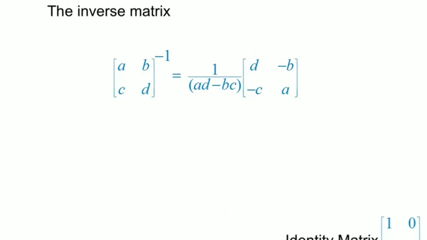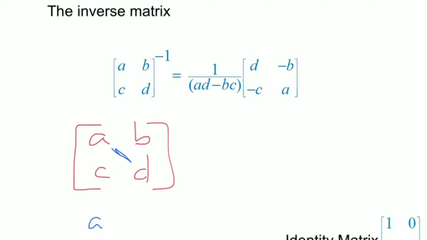So let's just put the identity matrix away for a little bit and have a look at our original matrix, which is A, B, C, D. If I have a look at the diagonals of this particular matrix, across this diagonal I get A, D, and across this diagonal I get the values B, C, or C, B, depending upon which way I look at it.